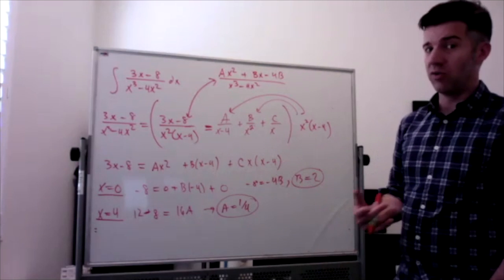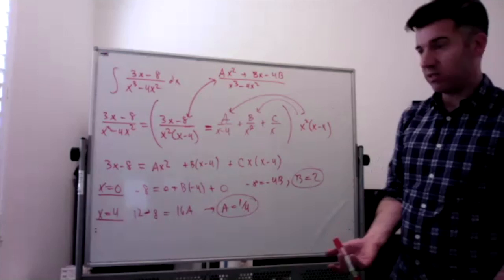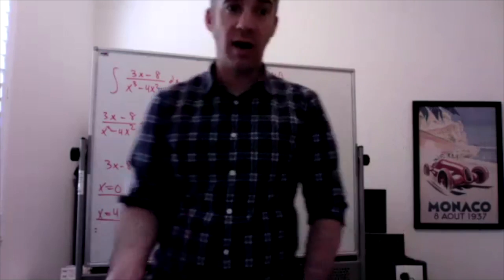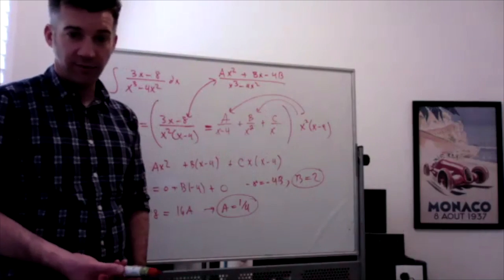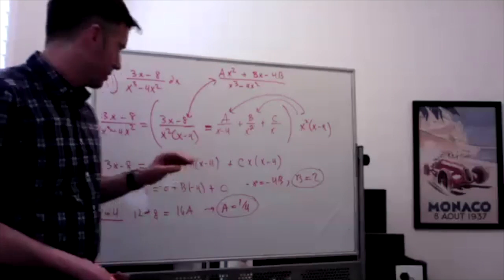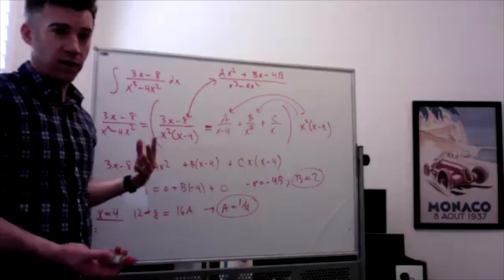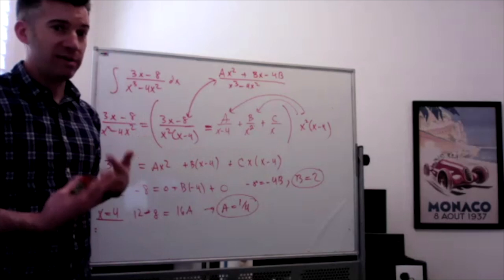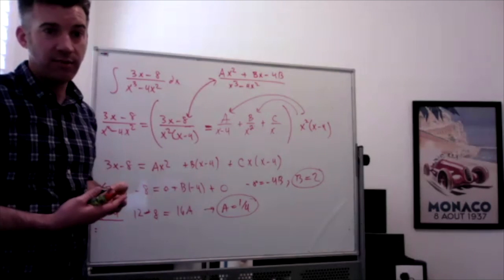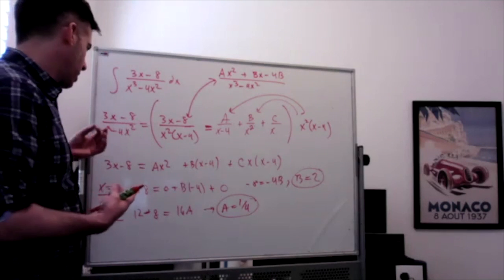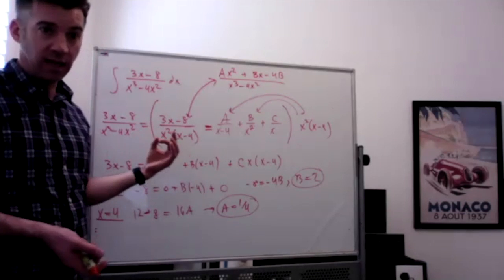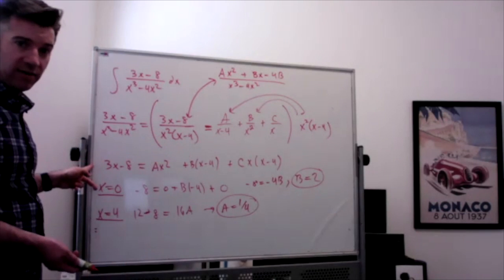I prefer a method called equating coefficients, which is where you ask yourself, how much of x to a certain power do I have? Here's the thing. These are polynomial equations. For them to actually be equal all the time, the coefficients have to be the same, meaning how much x squared do I have on the left side here?